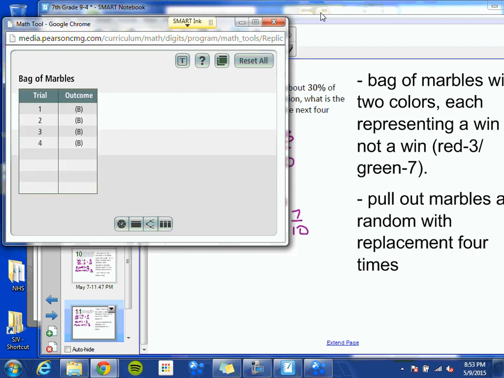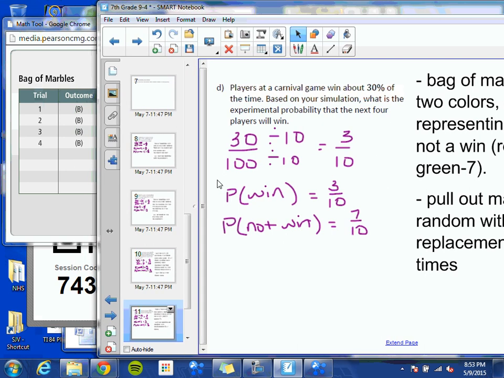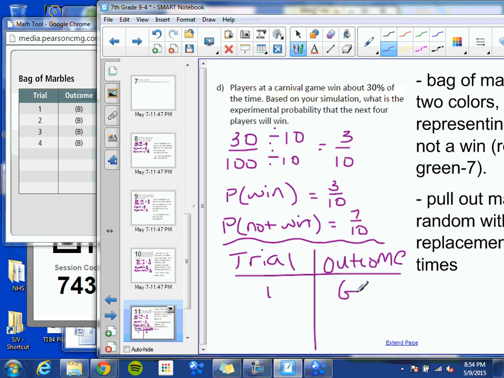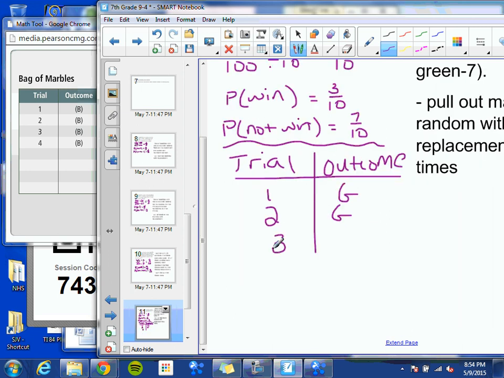So our table here, which we can copy down, we have our trial and our outcome. So trial 1, we got, remember we're using green. Trial 2, green. 3, green. And 4, green. Now red marbles are a win.